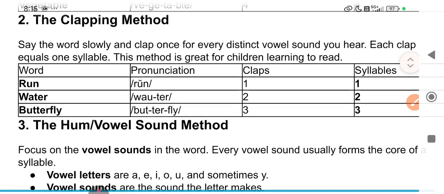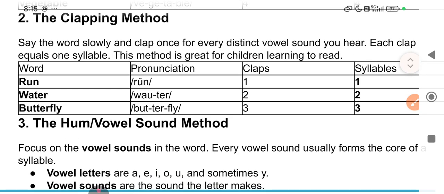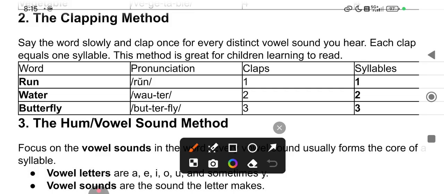Now another method by which you can count the syllable is the clap method. So in the exam, suppose you are asked how many syllables are in a word, you can use one of the methods. First we have discussed the chin drop method.